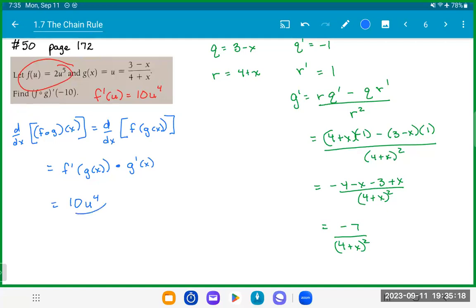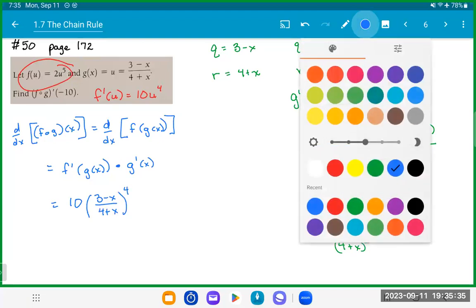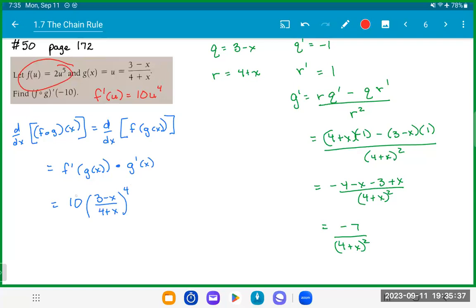But we're evaluating this with our g of x, so everywhere we see a u, we're putting our g of x. So this is 10 u to the 4, but we're just substituting in g everywhere we see that u.